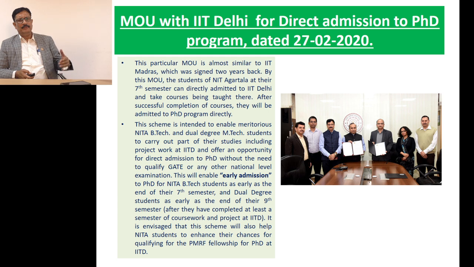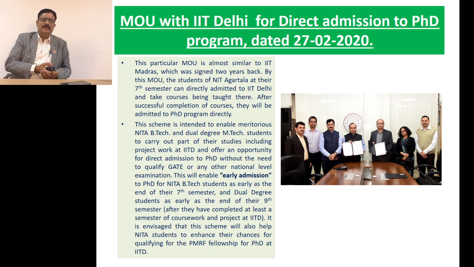The minimum requirement is around 8.5 CGPA or something like that, and any good student can maintain that. Thereafter he or she will be inducted into the program and complete it after the 8th semester, the credit transfer will be there, and thereafter he can excel in the life of doing his PhD at IIT Delhi.